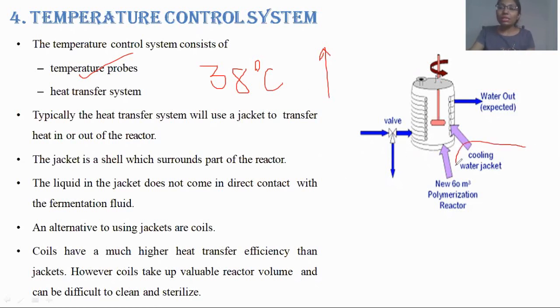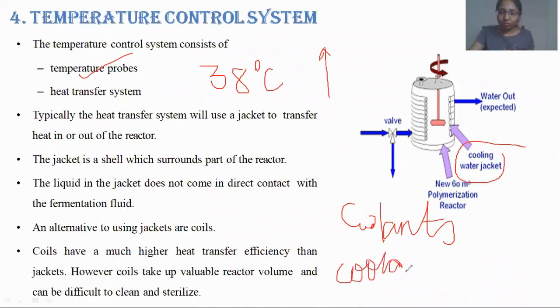One of the cooling systems is the cooling water jacket. Now, you can see it is surrounded outside the reactors. So there are some coolants that are used. They will flow. I'm sorry for the spelling. It will flow and bring the temperature back to normal.